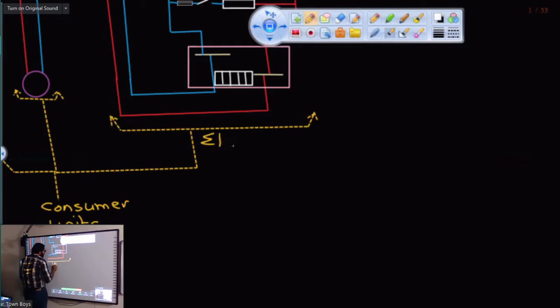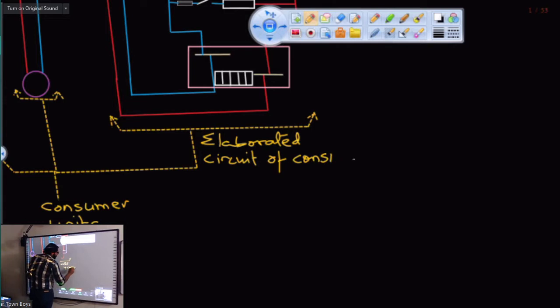Elaborated circuit of consumer units. Okay.